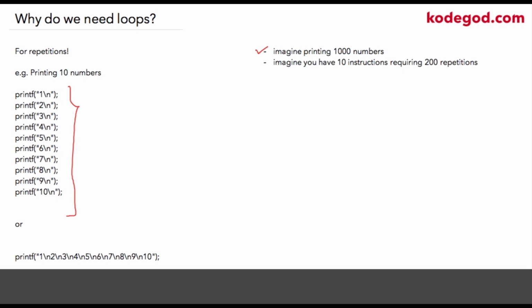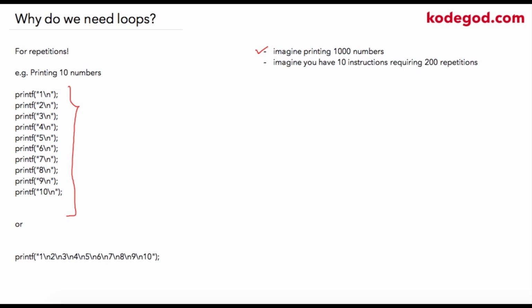So for 10 instructions, we will need 200 repetitions, and the program will have to write around 2000 statements to complete that logic. However, if these 10 statements are repetitive and we use loop control structures, we just need to perform 200 iterations over these 10 instructions. So that is why, when we have repetition, loop control structures are an ideal solution.